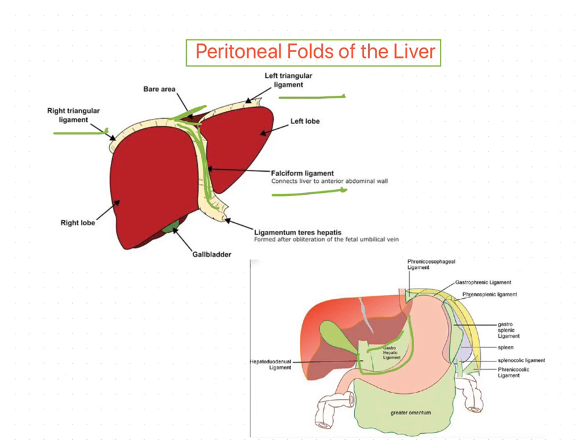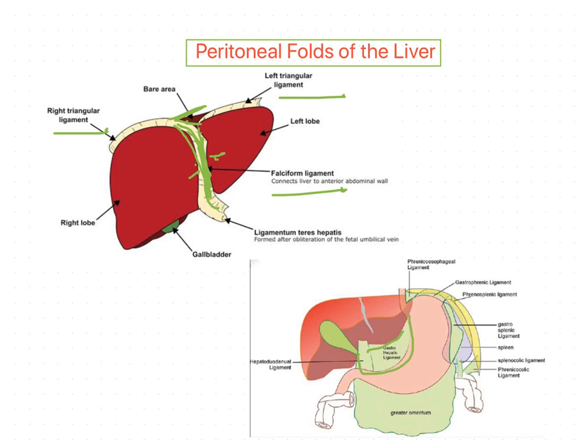Here is the diaphragm, and on the anterior aspect it is related to the anterior abdominal wall. It consists of a right layer and a left layer which are attached between the right and left lobes of the liver on its anterior as well as superior surfaces.